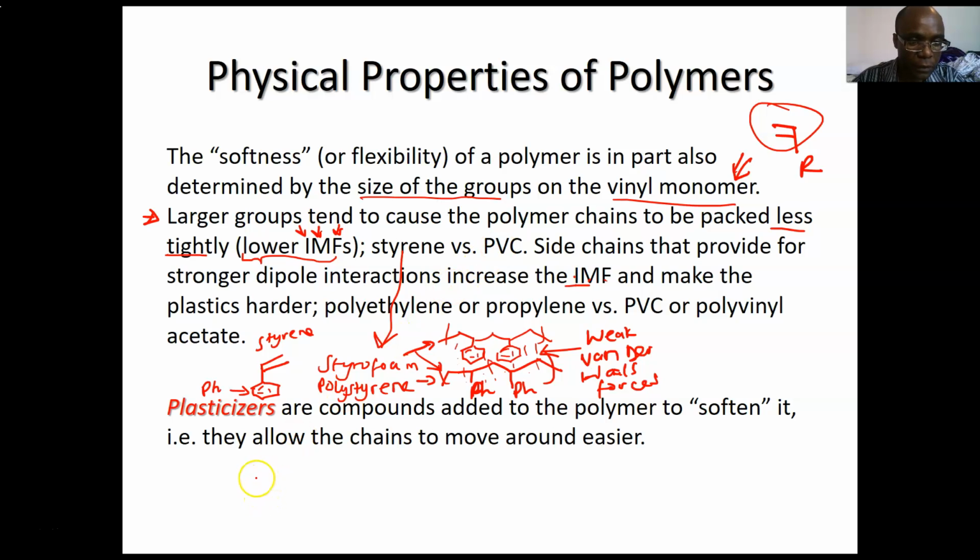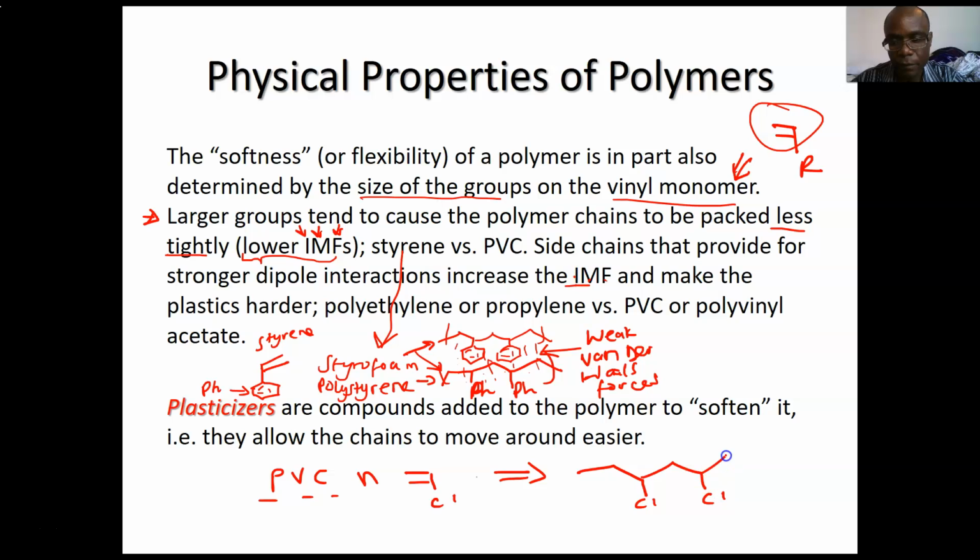So if you are to consider the structure of PVC, polyvinyl chloride, which is made from vinyl chloride, if you have N of this, the polymer will have this structure, Cl, Cl, and it repeats so many times, N times, just like this one would have repeated N times.